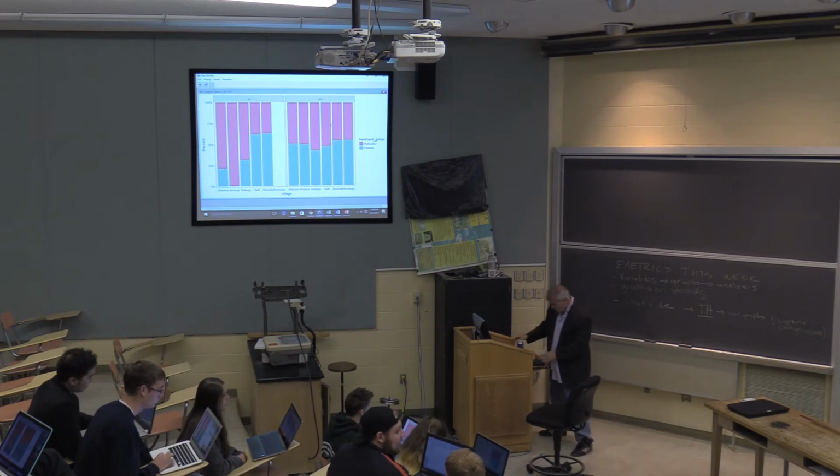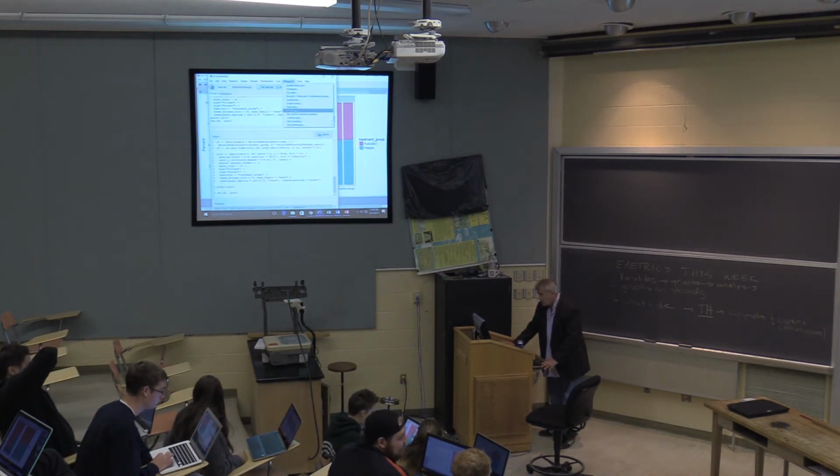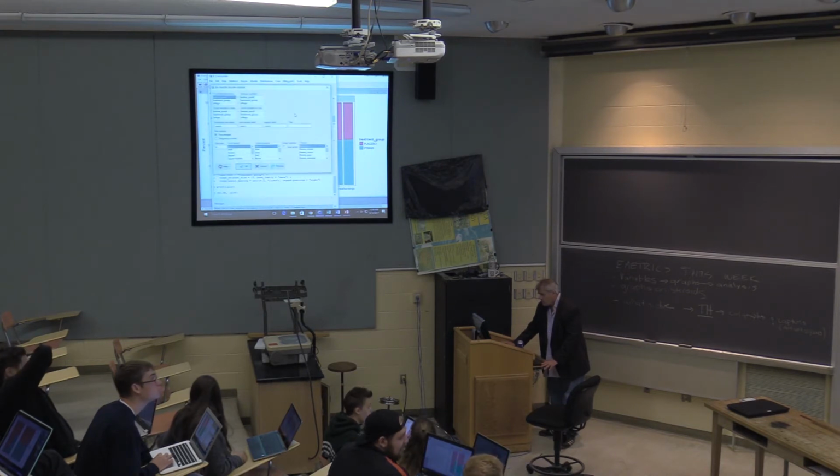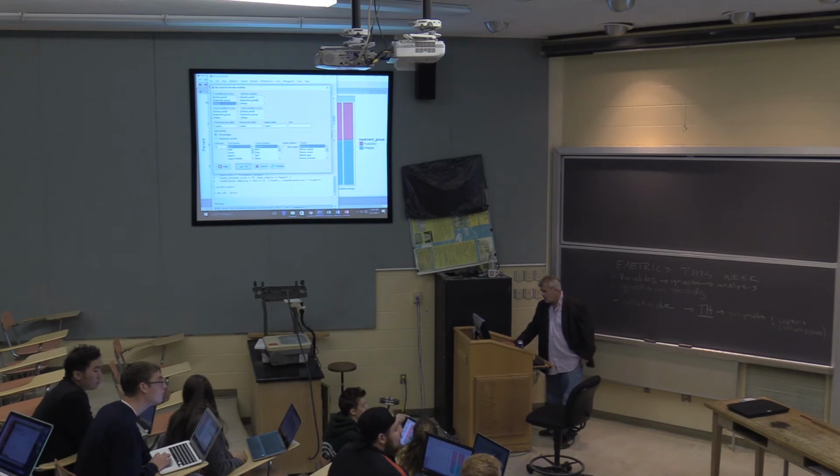What were your variables for the bar chart? I believe I did village, treatment, and bednet.